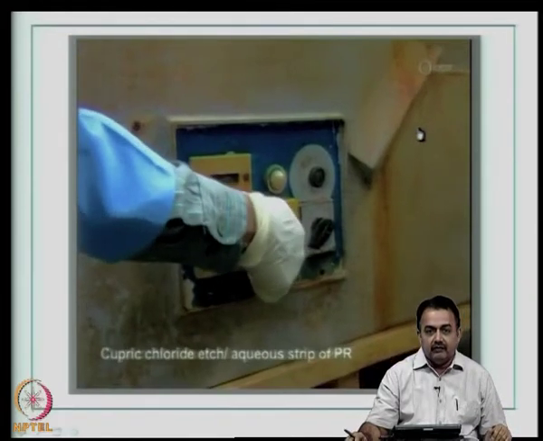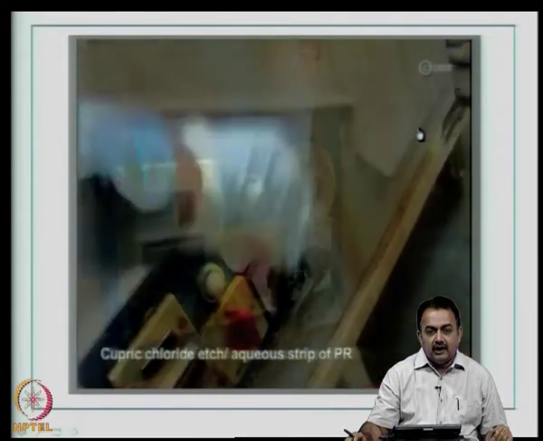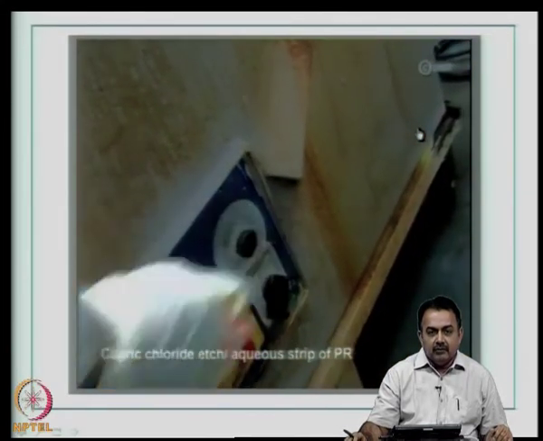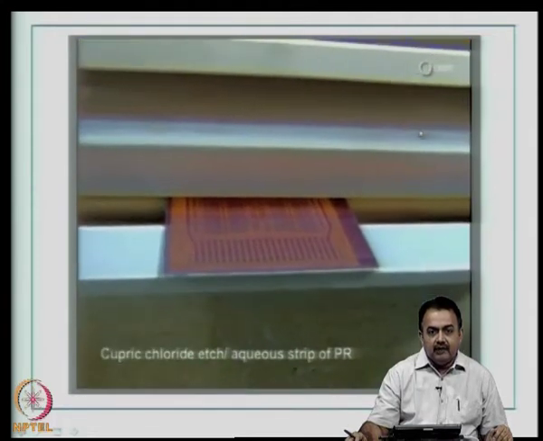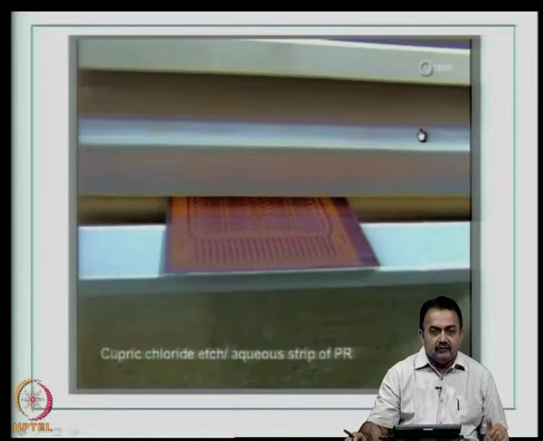Now, typically in an etchant equipment, you start with the power supply, then you have a conveyorized equipment. In this case, for example, you can see that this particular board is now imaged and developed. So, you can see here the areas that need to be etched are exposed, that is the copper areas here are exposed to the etchant.